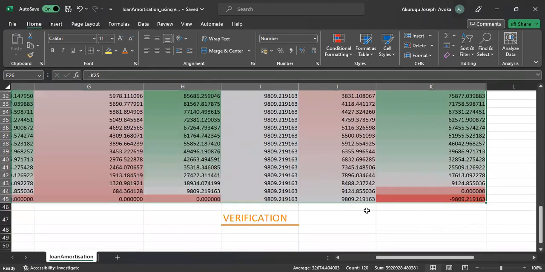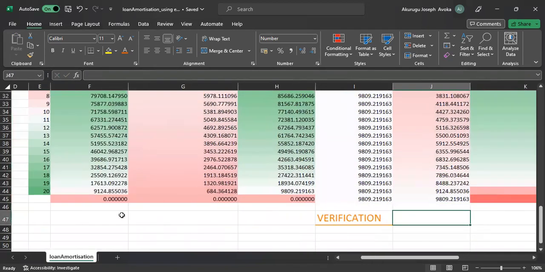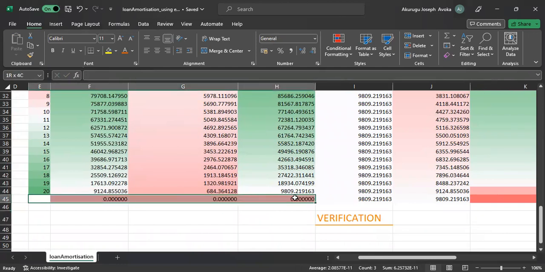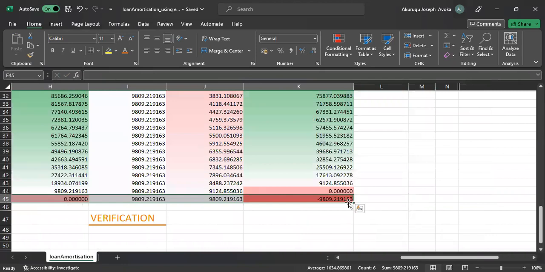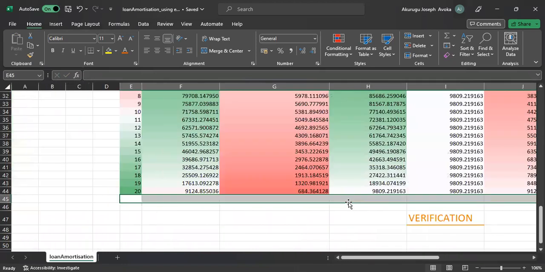Okay, then I have it here. I've actually exceeded by one, so what I need to do is select the exceeded cell, then I can hit delete.